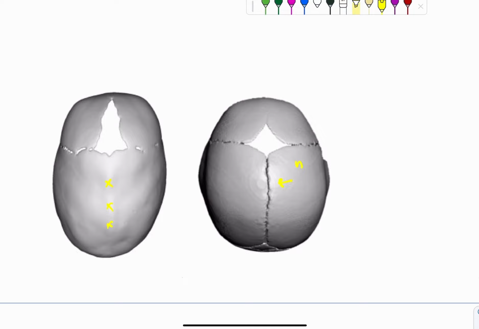So the only way the brain can develop right now is that wherever there is space, it will try to grow in that way. So which sutures are not closed here? In this picture you cannot see the occipital suture, but the occipital suture is not closed, and in the front the coronal suture is not closed, and in the anterior side the metopic suture is also not closed.